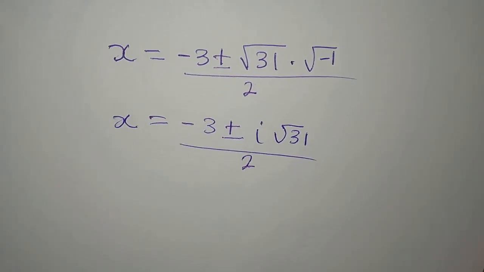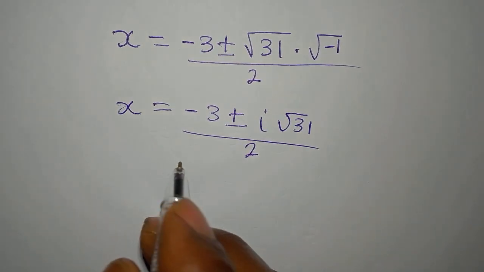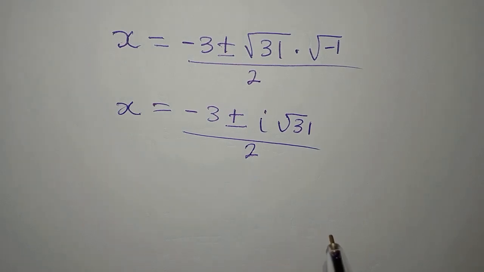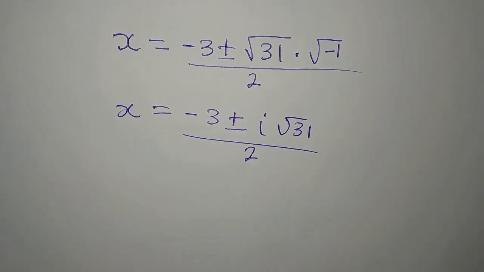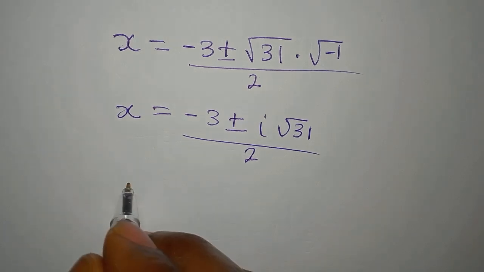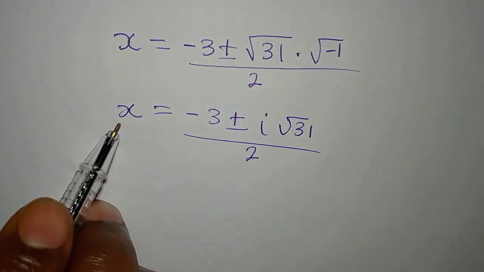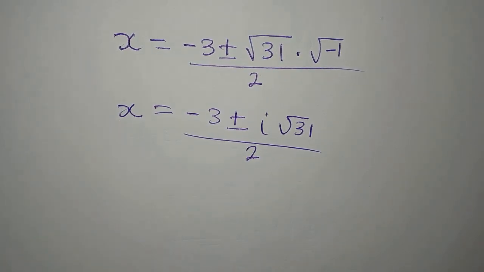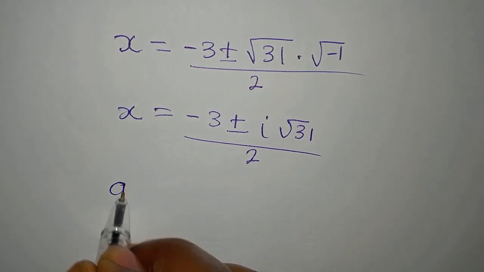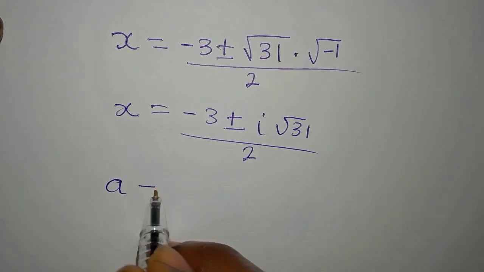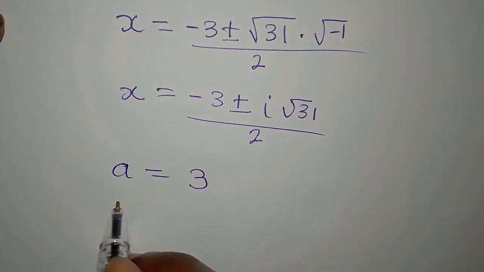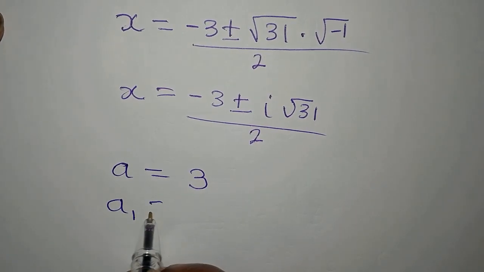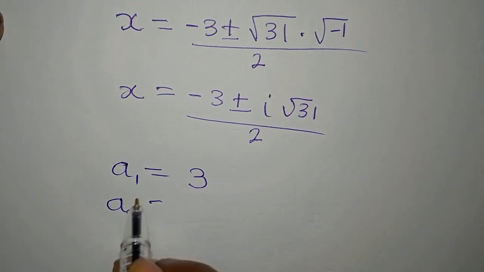But this is a 2-in-1 solution. So let's pick from the first part. Remember this x here stands for the a. So our a is the first value we got, and it's equal to 3. Let's call this a1.